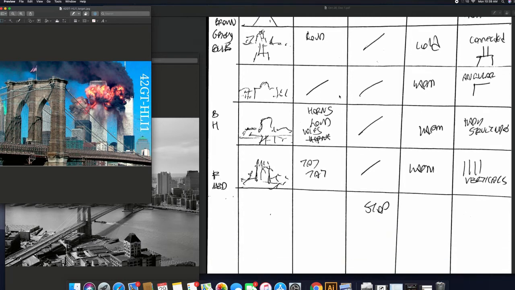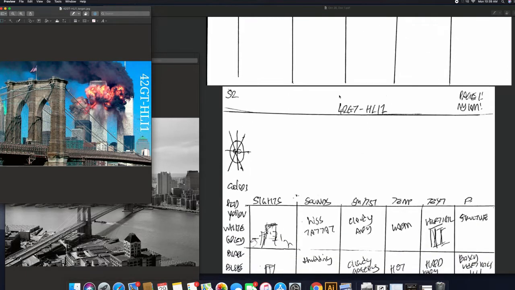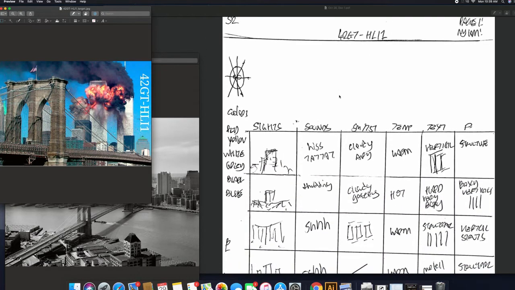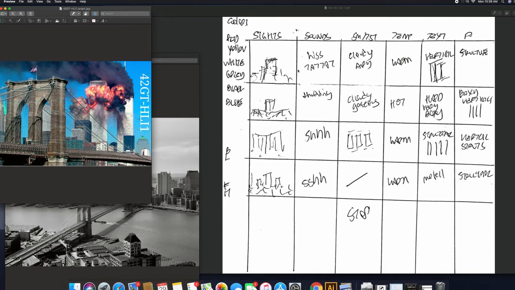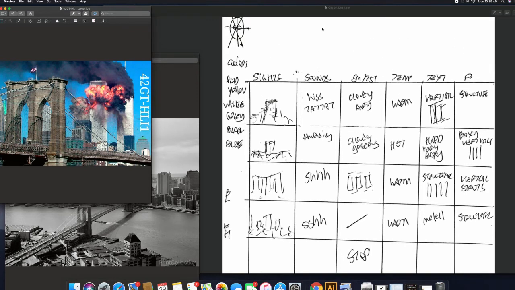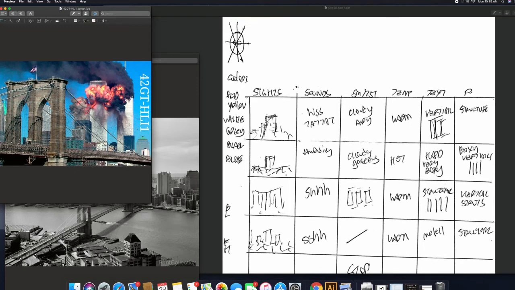So we move on to what's called S2 in this protocol. We're doing the same thing again, collecting visuals and associated sounds, smells, tastes, temperatures, and textures, but also at a deeper level using a little bit of NLP recall.